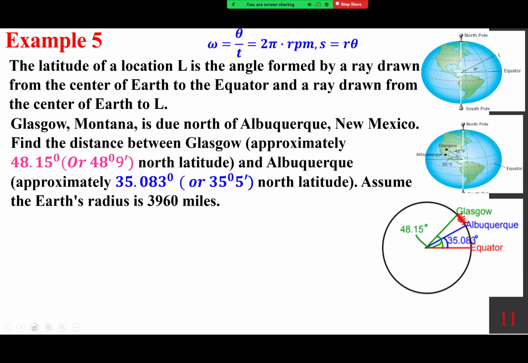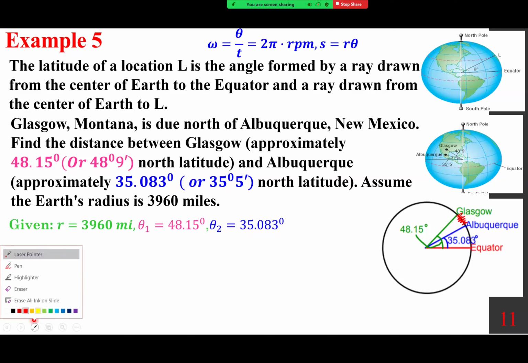That's the idea behind the question. So what do we need to know? We need to know the radius, and the radius is given. Theta 1 is 48.15, theta 2 is 35.083 degrees. Because these are the angles with respect to the equator, the difference between these two angles is the angle of interest, the central angle that we want.